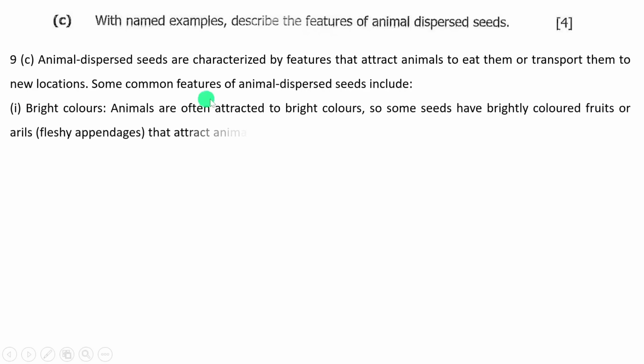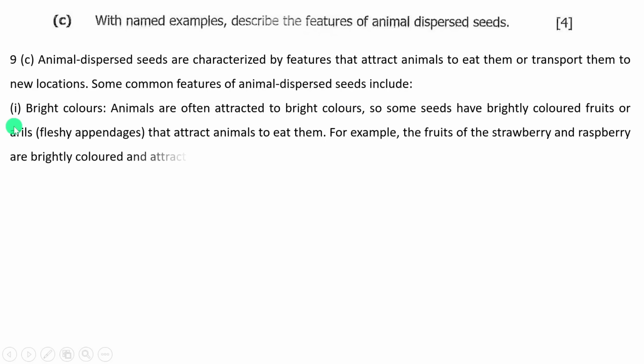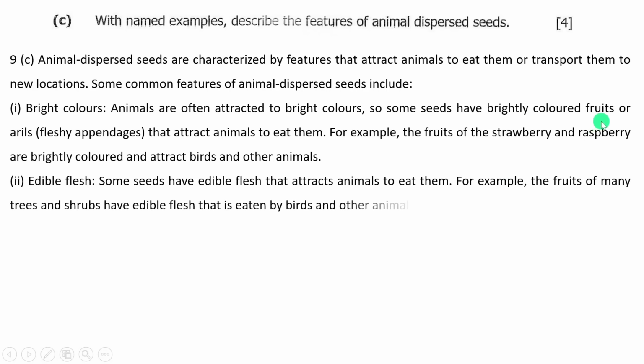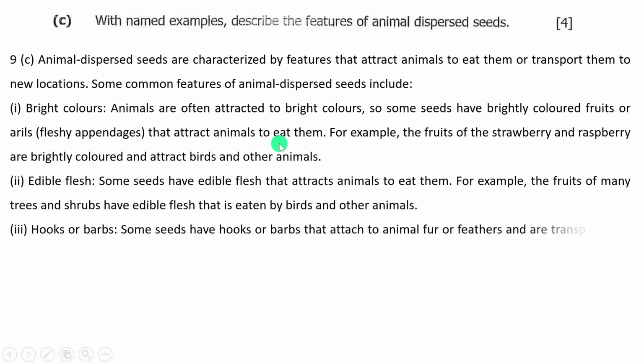Some common features of animal dispersed seeds include part one, bright colors. So you're saying animals are often attracted to bright colors. So some seeds have bright colored fruit or areas that attract animals to eat them.